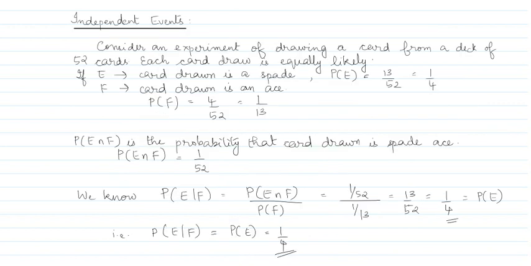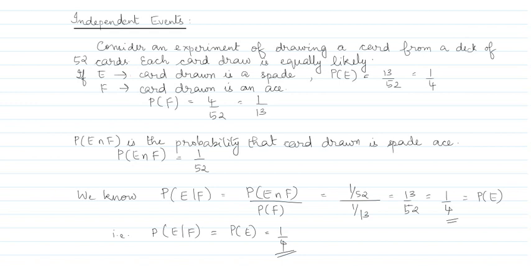Now, let's also touch upon a topic called independent events. As the name suggests, we will understand it using an example. Consider an experiment of drawing a card from a deck of 52 cards. When you're pulling out a card, every card is equally likely and will have the same probability.